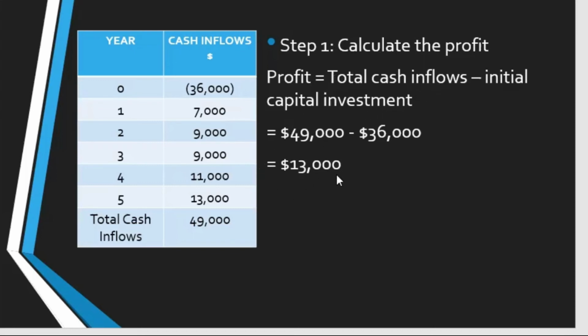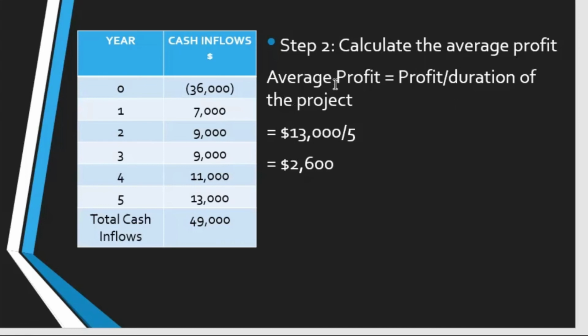And then the second major step is to calculate the average profit, by dividing the profit by the duration of the project. So 13,000 divided by 5 is 2,600. So the average profit is $2,600.